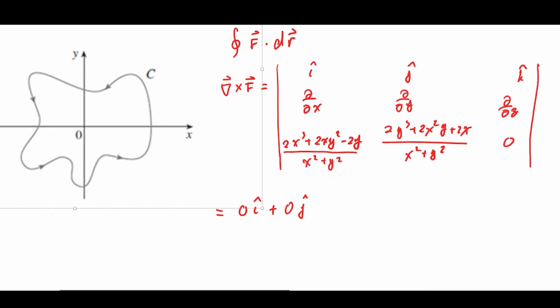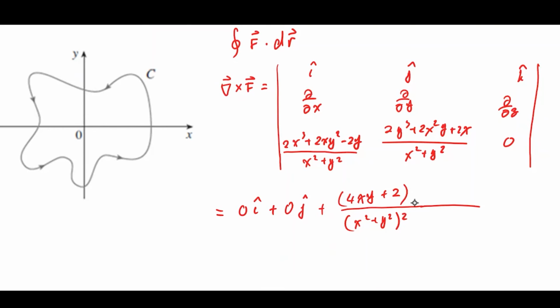Today is a quotient rule day now, isn't it? Okay, so we have x squared plus y squared, quantity squared, with respect to x. So this thing dies, so we have 4xy plus 2 times quotient rule, this thing in the denominator, x squared plus y squared. Good so far?